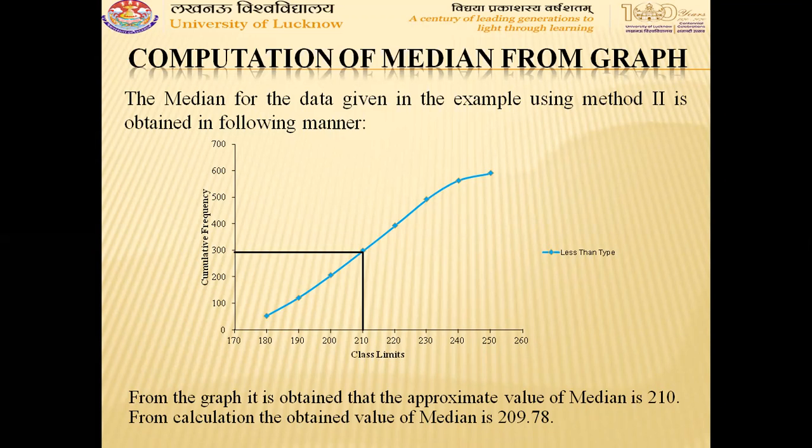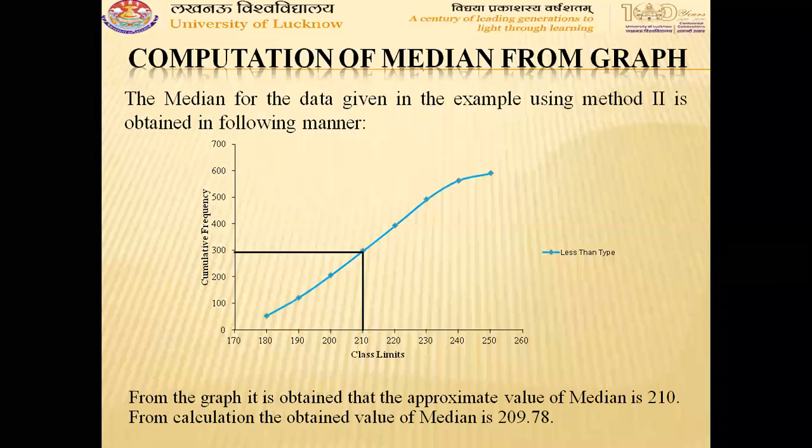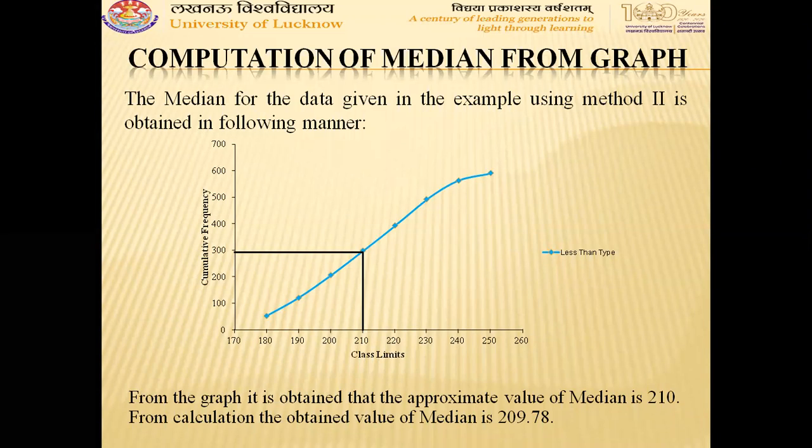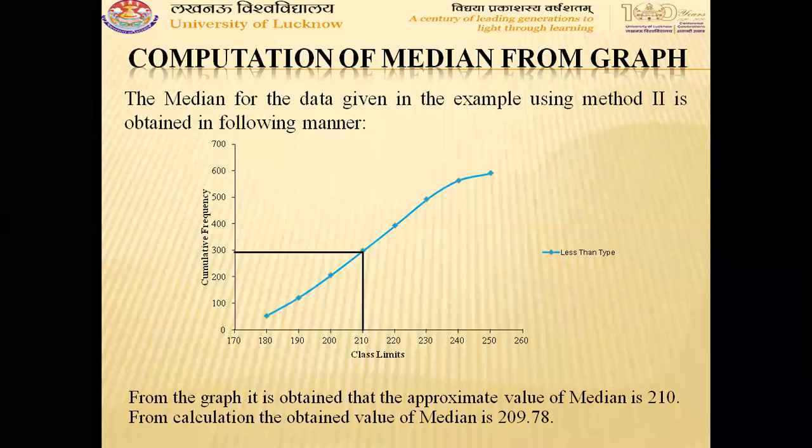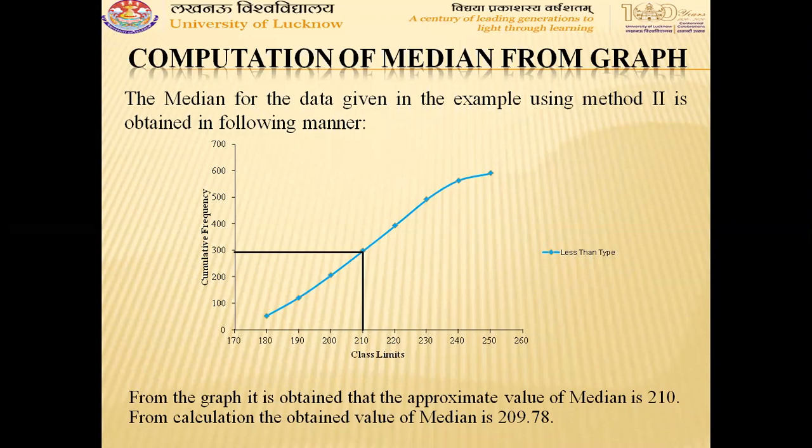Some persons draw both cumulative frequency curves starting from the upper limit of the first class interval, whereas some persons draw both cumulative frequency curves starting from the lower limit, that is less than type starts from 170 and more than type starts from 170, or both start from 180.